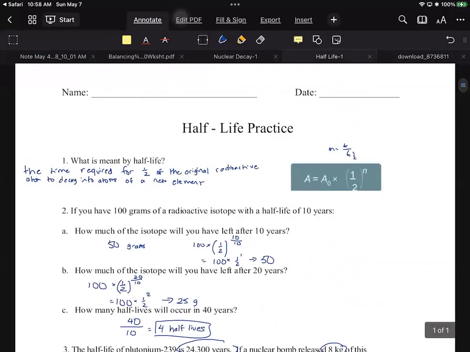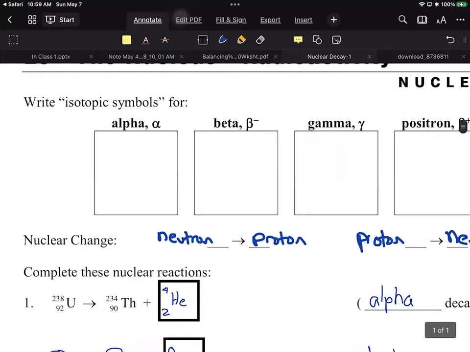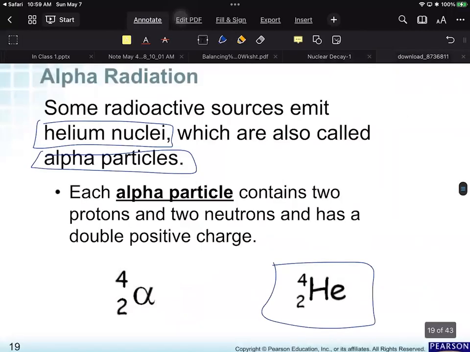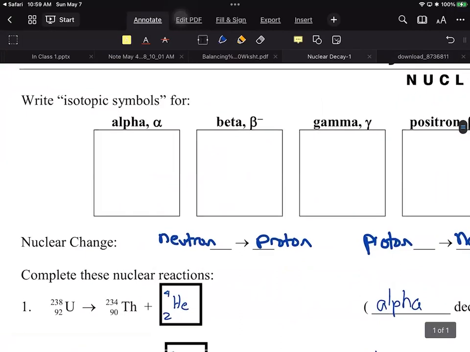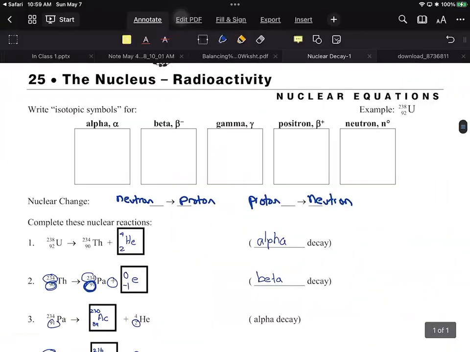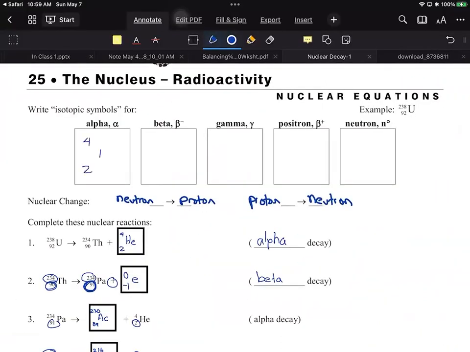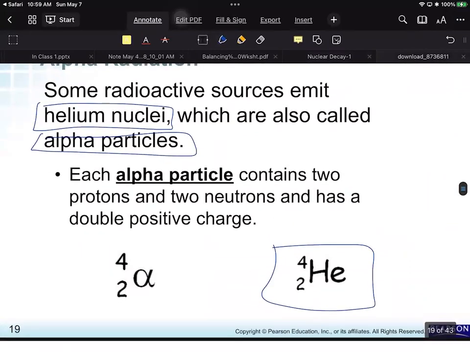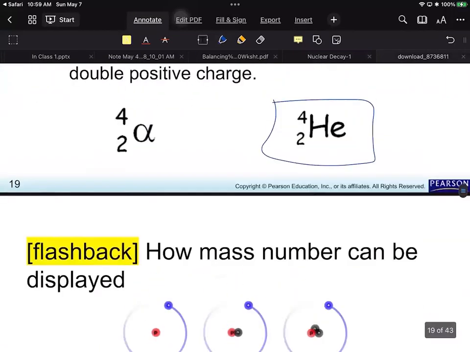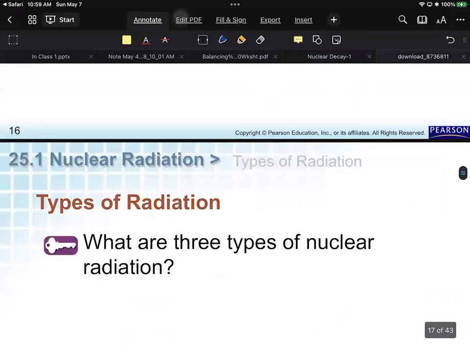For this first section, we just have to write the symbols. Helium is being ejected. Alpha particles contain two protons and two neutrons and have a positive charge.